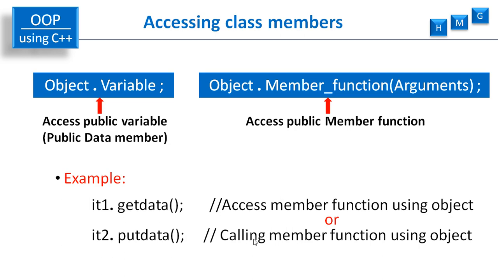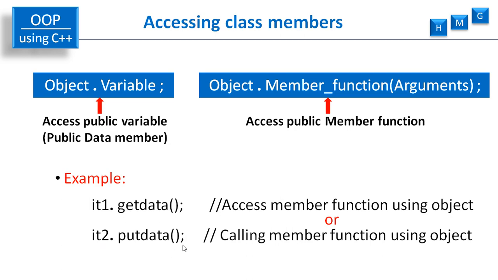So these are the two terminologies: accessing a member function using an object, or calling a member function using an object. You can use these two terms alternatively. Here the it1 object is calling get data, the it2 object is calling the put data member function, or in other words, it1 is accessing get data, and it2 is accessing the put data member function.